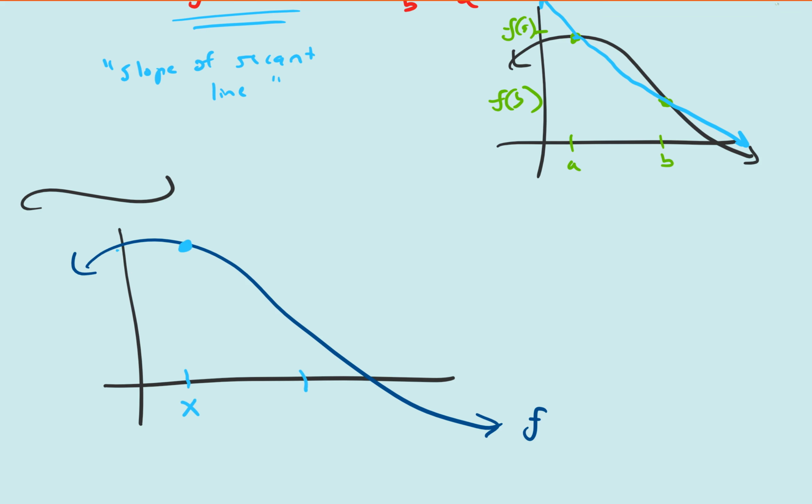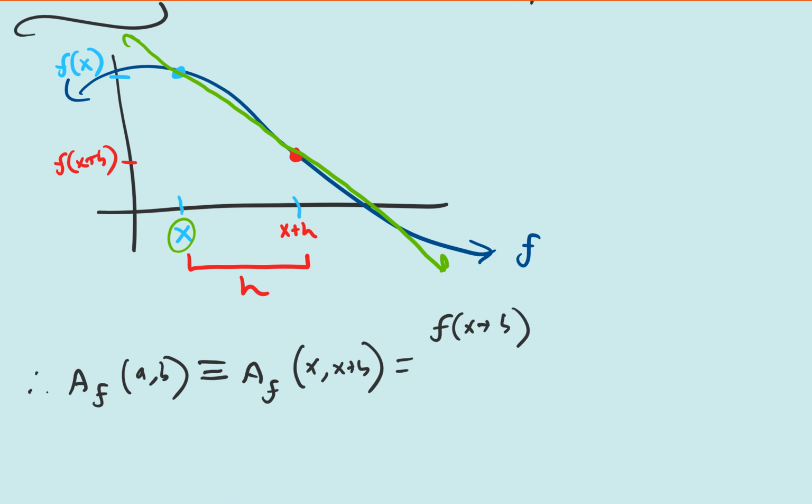That means the average rate of change of this function on the interval a b is equivalent to the average rate of change of f on the interval x comma x plus h. So that's going to be equal to f of x plus h, this second y value, minus the first y value, f of x, divided by the x value that corresponds to the second, which is x plus h, minus the x value that corresponds to the first, which is just x.